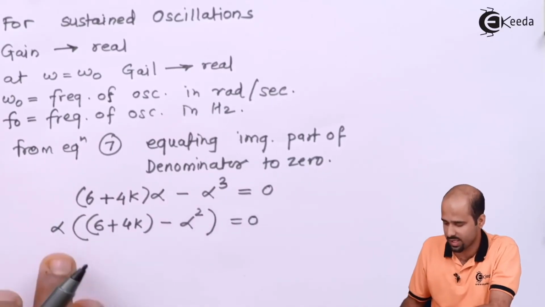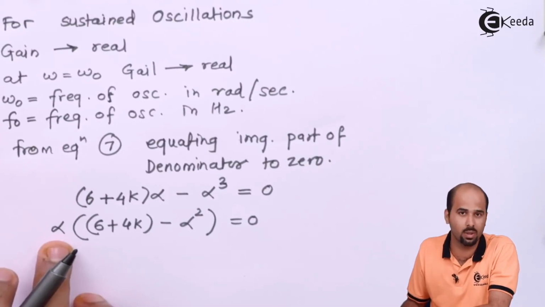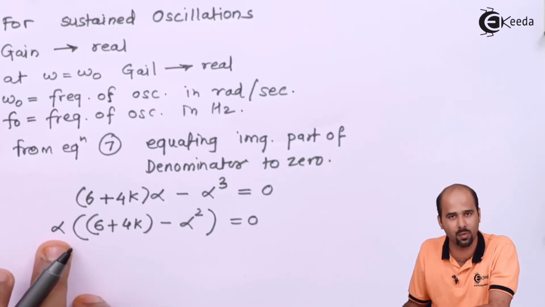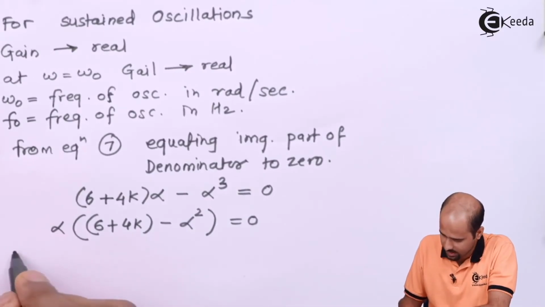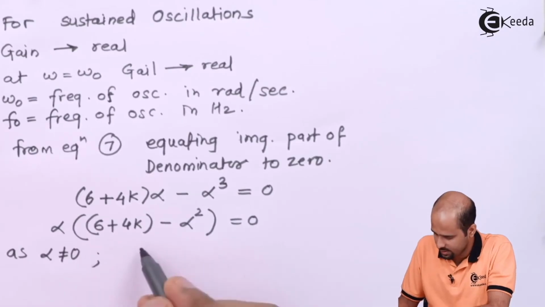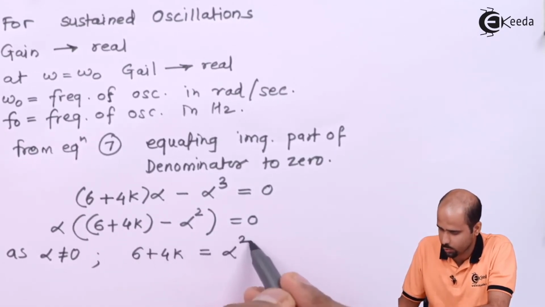As I know, what is alpha? Alpha is nothing but 1 upon omega RC, where omega is the frequency. Practically, frequency will not tend towards infinity, so alpha equal to 0 is not at all possible. So as alpha is not equal to 0, I will say that 6 plus 4K is equal to alpha square.